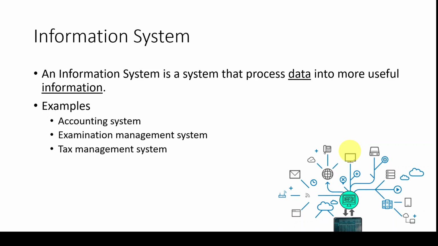For example, we may have an accounting system, an examination management system that processes results and other things, a tax management system, or a patient management system. They are all information systems that process data to get the relevant information.